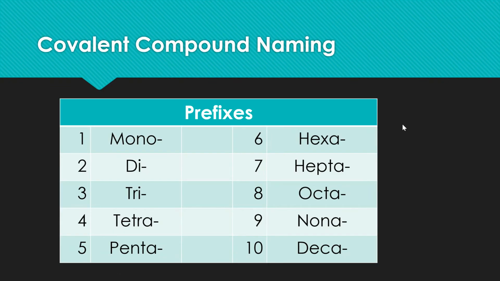So that's where the name tetra came from. The rest are very much based on your geometry. 5 is penta, 6 is hexa, 7 is hepta, like heptagon. 8 is octa, 9 is nona, and 10 is deca. So the only ones that are kind of weird are mono, di, tri, and tetra. And even di and tri aren't that hard.